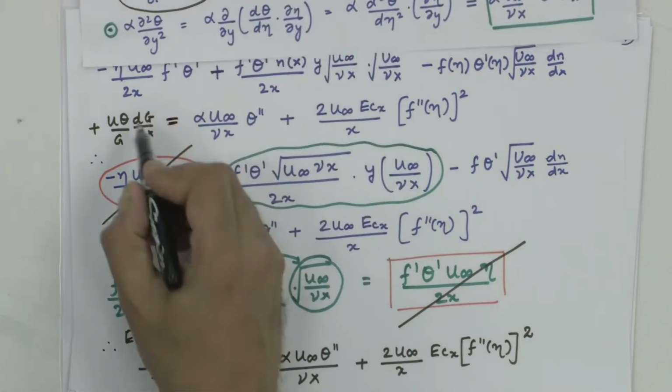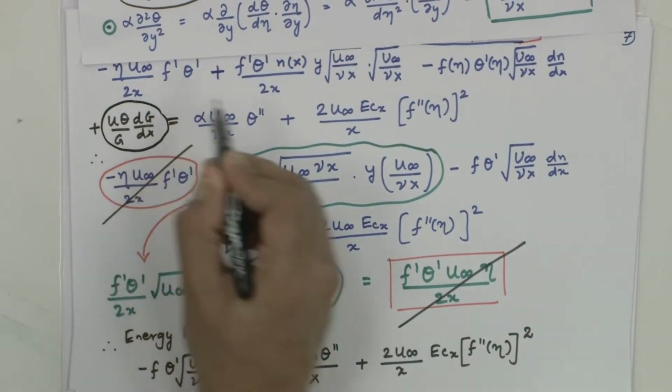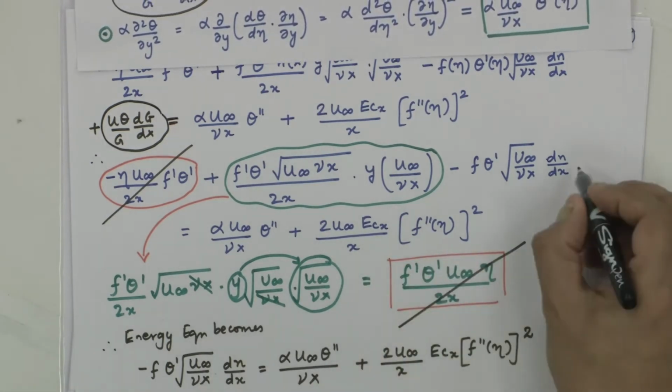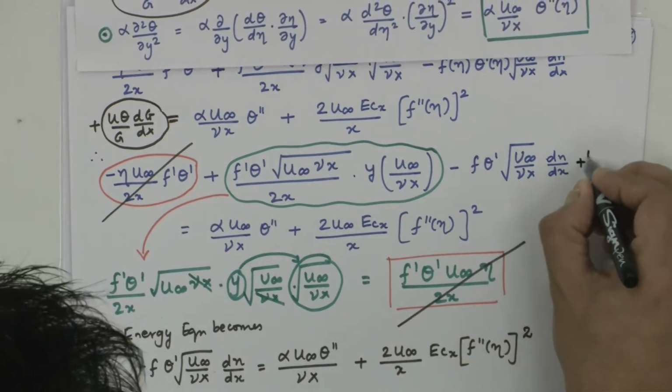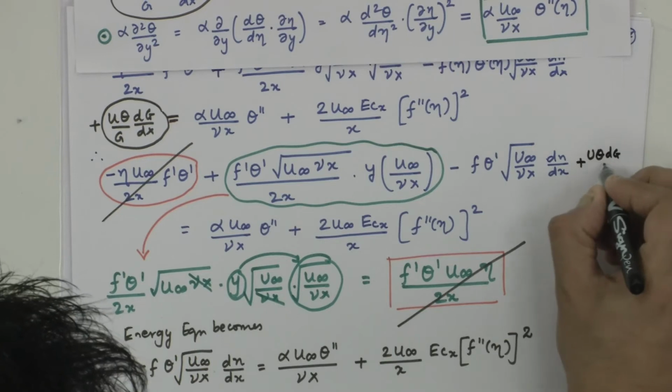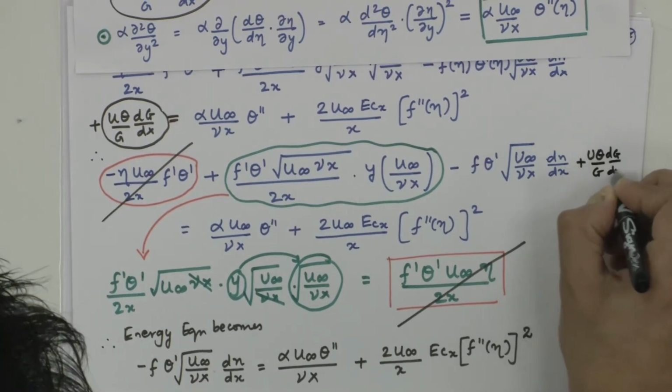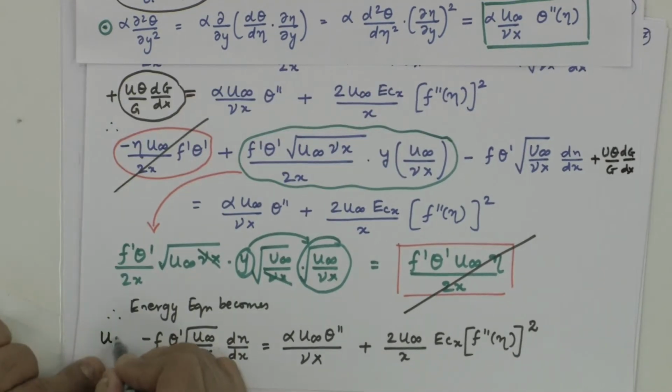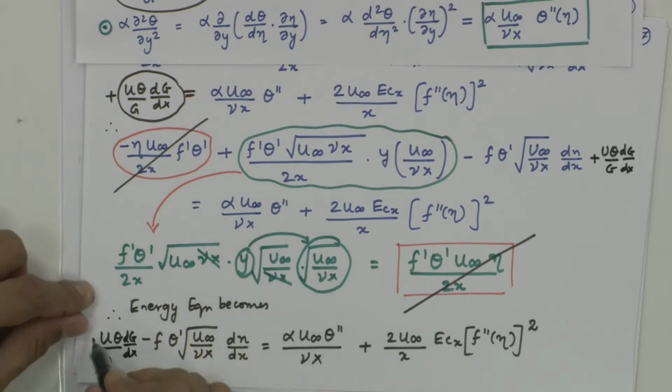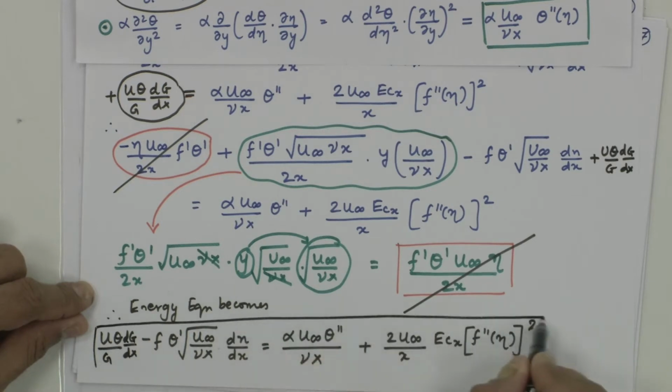This term remained as it is, which I didn't touch. The right hand side was these two terms. So I will just write this part as u theta dg by dx over g. So this is what I have simplified to.